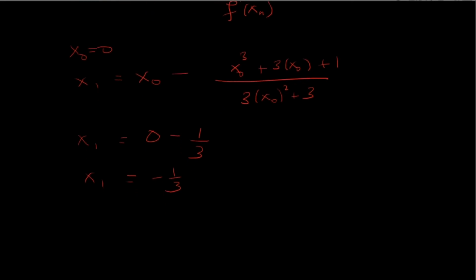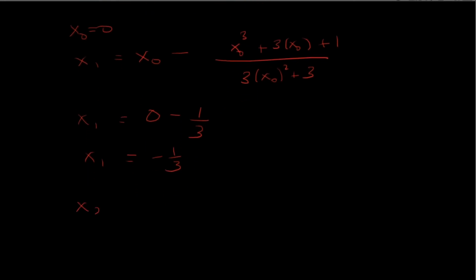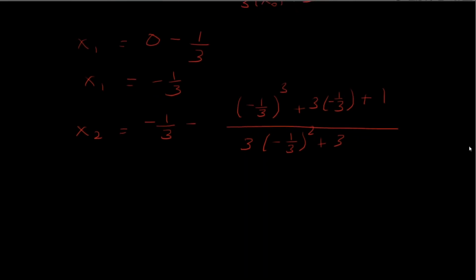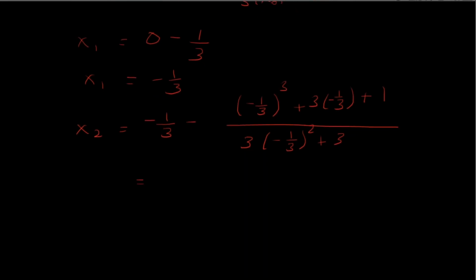Okay, now we're going to go to x sub 2. So we're going to have x1, which is negative 1/3, minus x1 cubed plus 3 times x1 plus 1 over 3 times x1 squared plus 3. So when we simplify this, we end up getting negative 29 over 90.